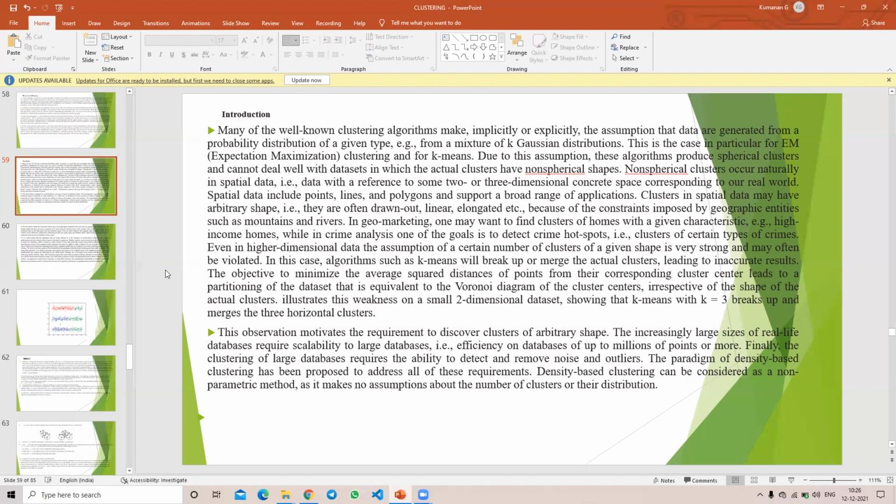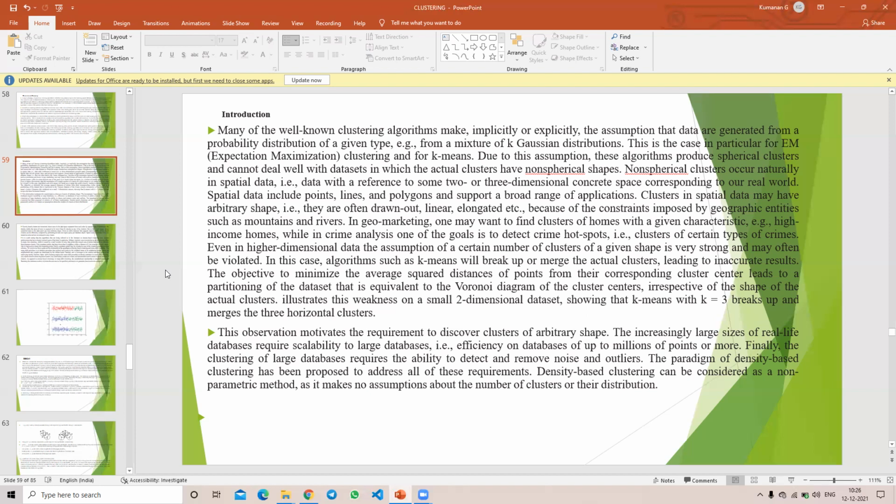Non-spherical clusters occur naturally in spatial data, that is, data with a reference to some two or three dimensional concrete space corresponding to our real world, with spatial data in points, lines, polygons, and supporting a broad range of applications.